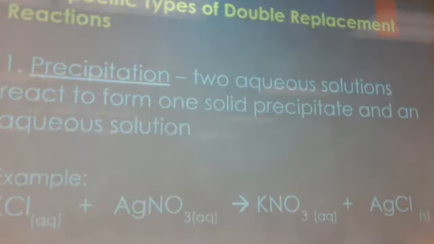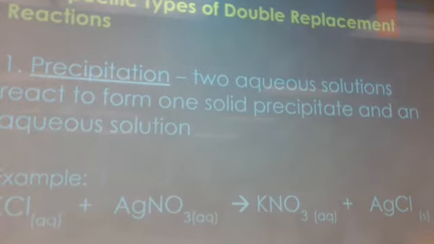Okay, so these are the bullets now on page 10 underneath A. We have two specific types of double replacement reactions. When we go to predict the products, it's not going to matter. We're going to predict the products the same way. This just is how we label them so we know what's happening. The first type is called a precipitation reaction.